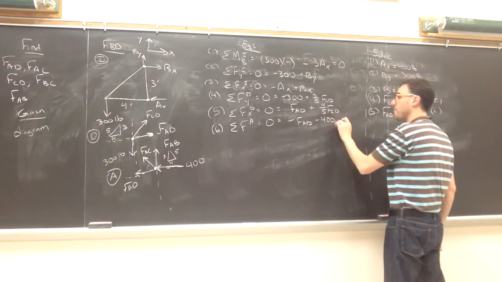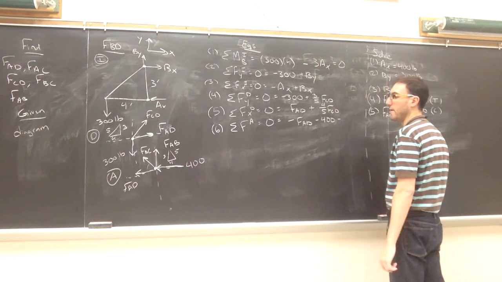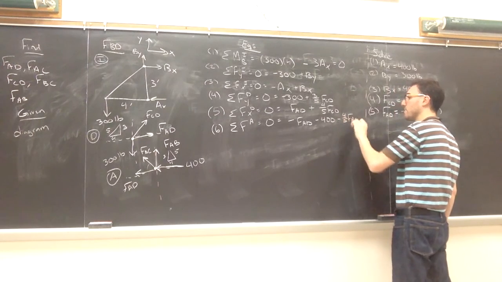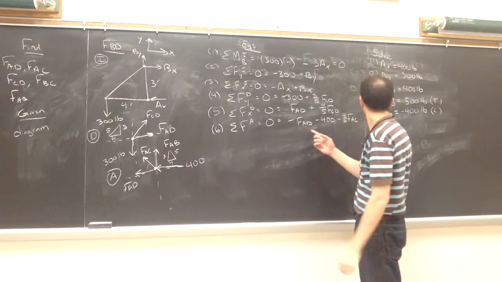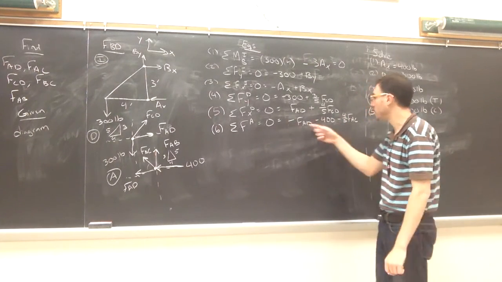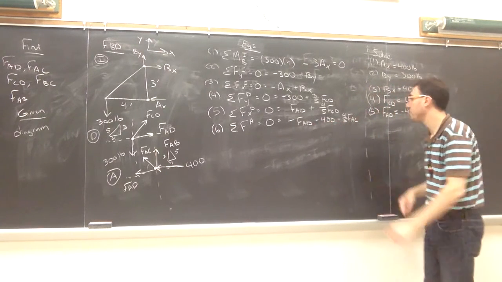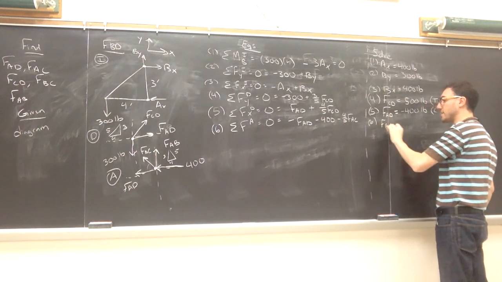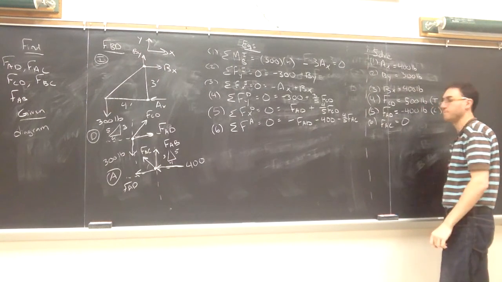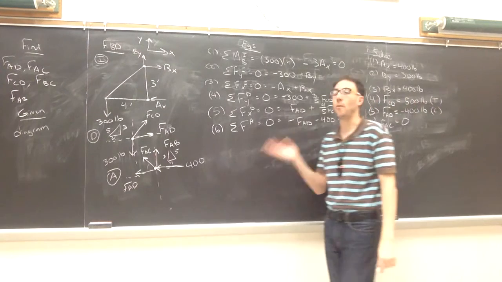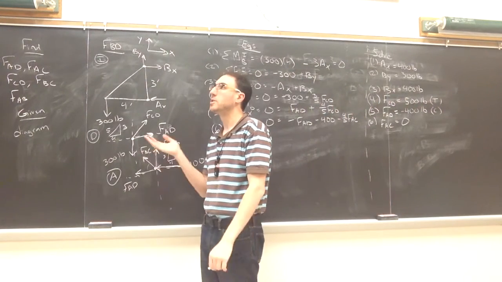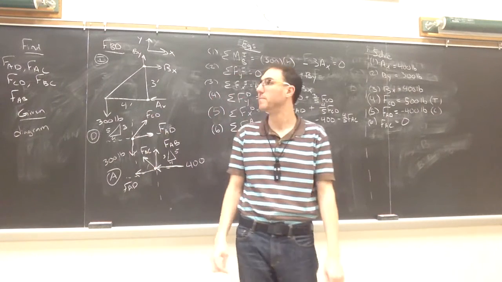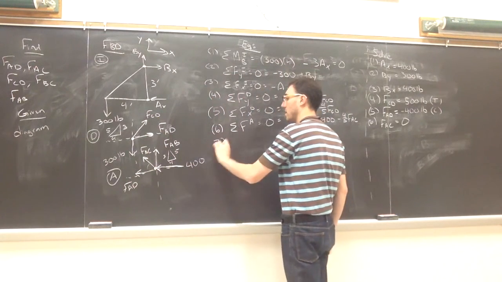And then I will have minus 4/5 FAC. I know that FAD was negative 400, so I have 400 minus 400. So by solving equation 6, I get that FAC is 0. So it does confirm that was indeed a zero force member. So we were right if by inspection we went to immediately identify it as so.